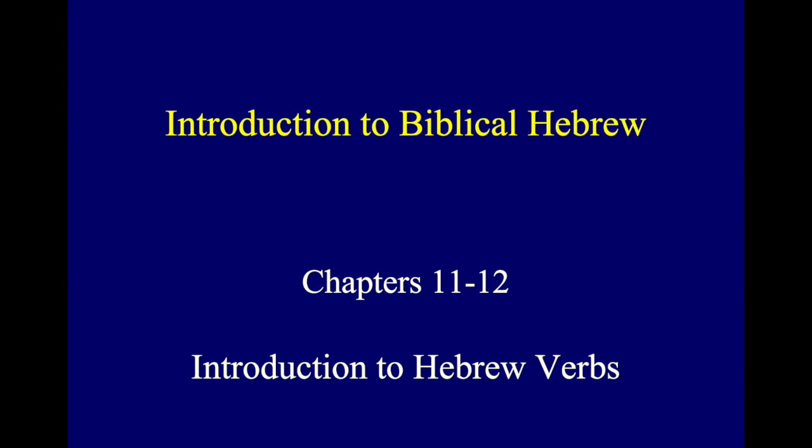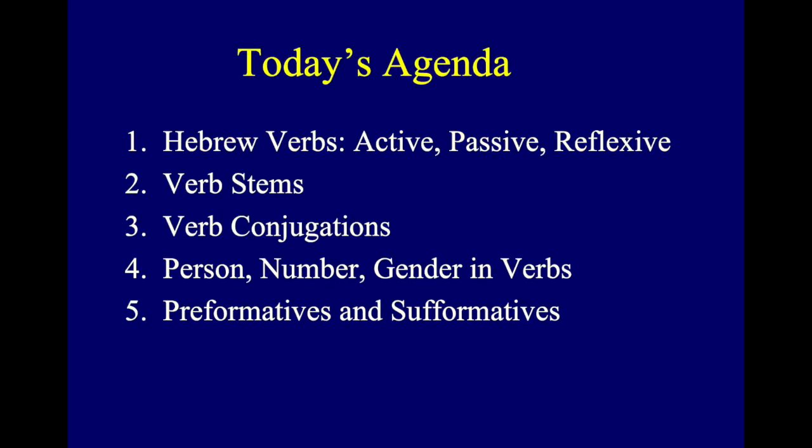And chapter 13 this week is going to be where you get the details about our first very specific form of the Hebrew verb. So today, in this video, we're going to talk about Hebrew verbs, and we're going to start with the differences between active, passive, and reflexive verbs, which is true for English, but also works in exactly the same way in Hebrew, which is nice. We'll talk a little bit about what's called verb stems, and then we'll move on to verb conjugations.